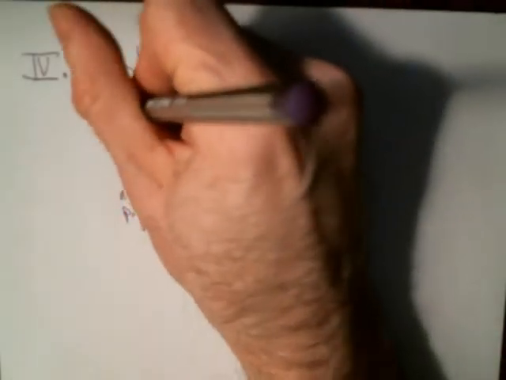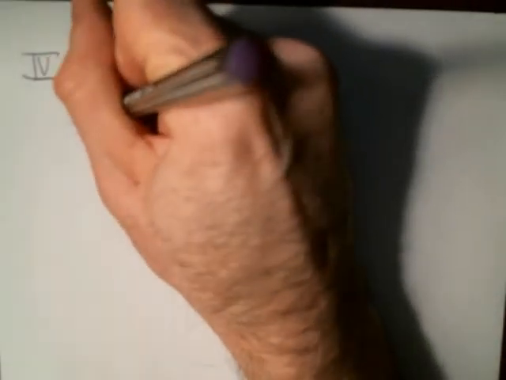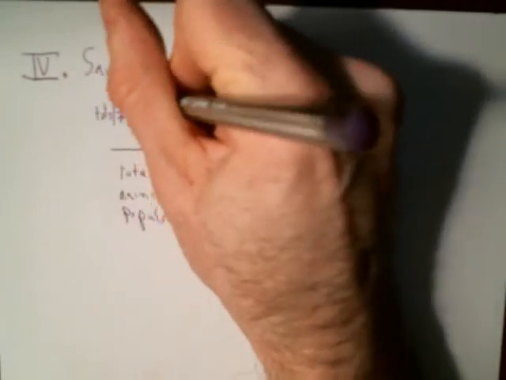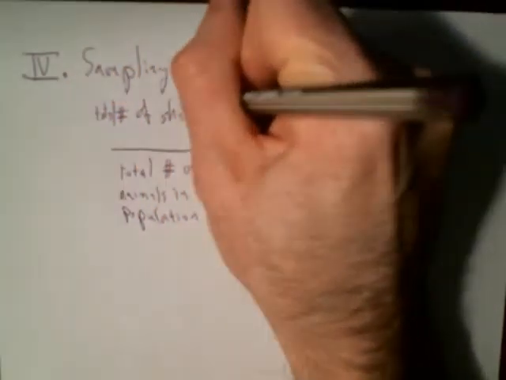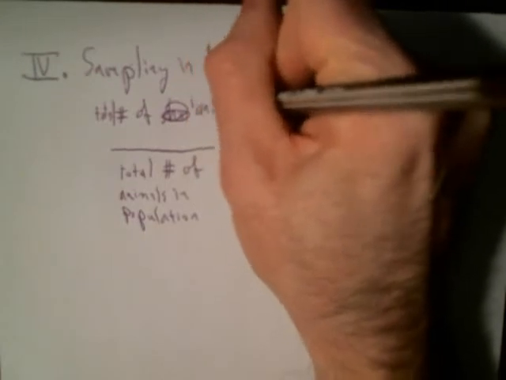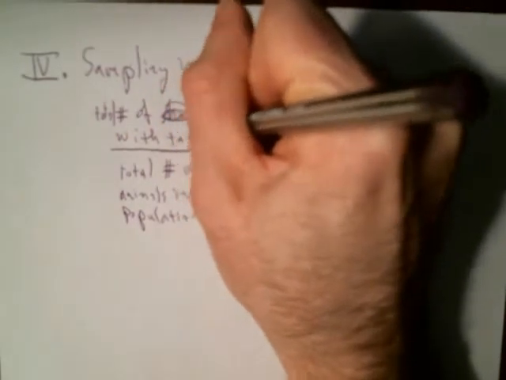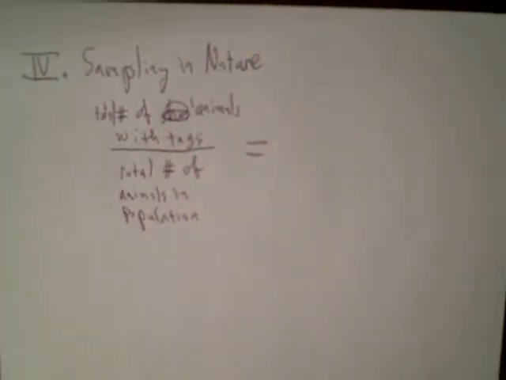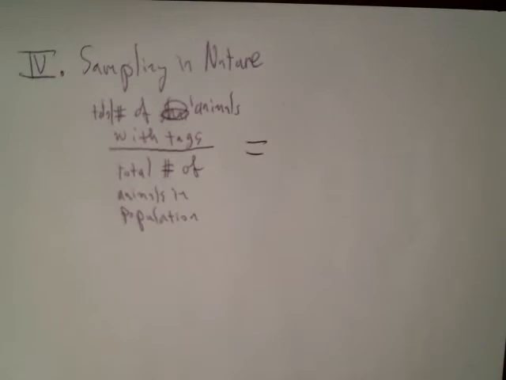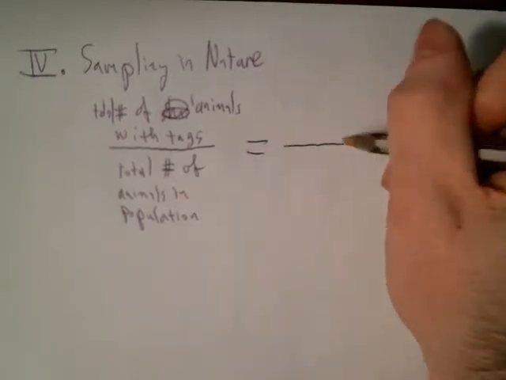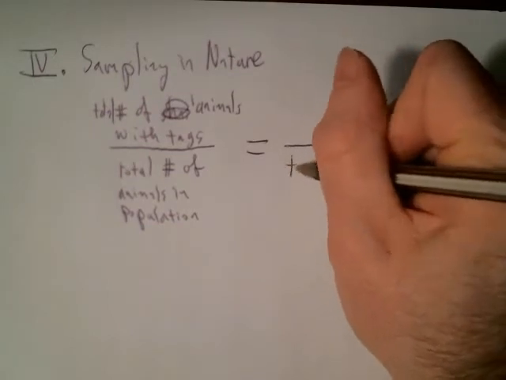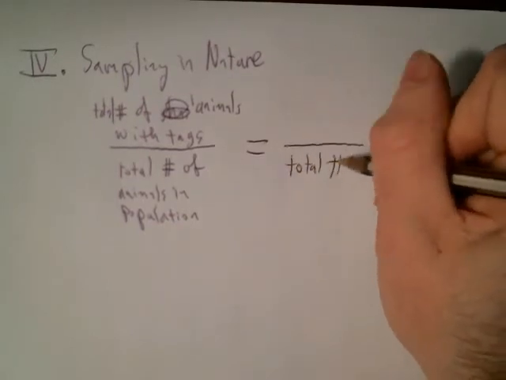So the number of sharks with tags, total number of sharks or animals with tags. Okay, so you've tagged animals, 50 of them or whatever, you release them back into the wild, and then you capture another set of sharks, for instance, and you'll have the total number of sharks you've caught, and they're going to call that a sample.